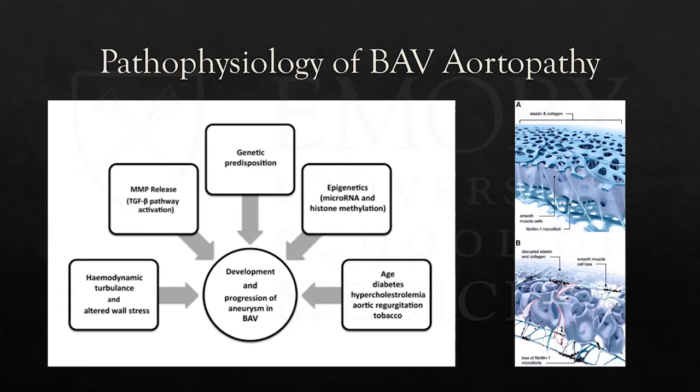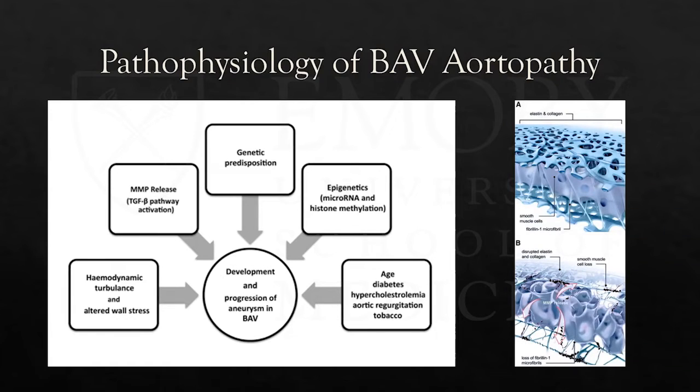When we think about genetics specifically for bicuspid aortic valves, we know that there are familial links that have been identified in bicuspid aortic valve disease, which may suggest an autosomal dominant pattern with variable penetrance, but there's no specific gene that's been identified thus far as the root cause of bicuspid aortic valve pathology.